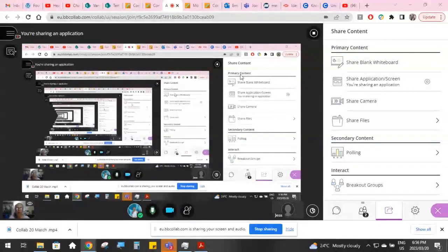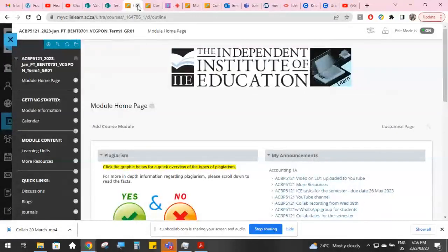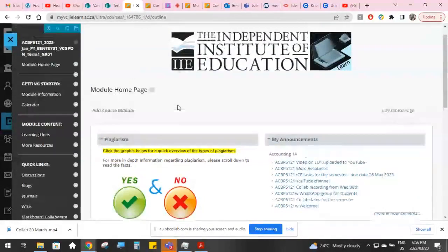Because remember, you want to make the absolute best use of all of the resources that VC provides for you. You've got an excellent textbook, you've got a workbook that goes together with that to practice your questions in, and you have got the Learn system that supports your working through each learning unit in the textbook as you go along.